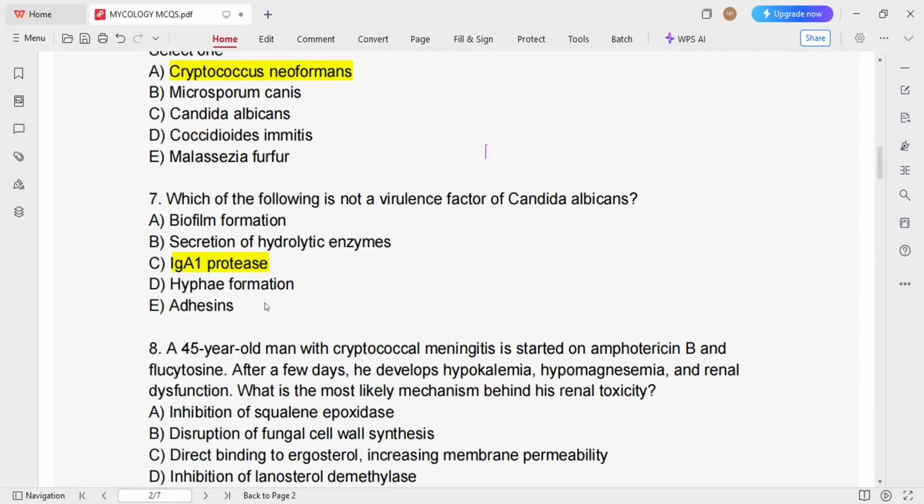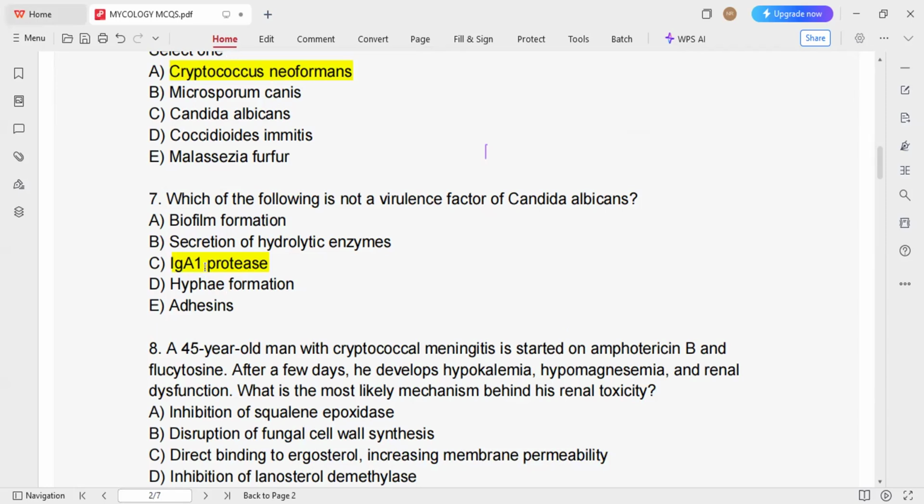Then adhesins, from the word adhere, are used to attach to the host cells. When it attaches, it can facilitate colonization, and it colonizes the cells, leading to an infection.